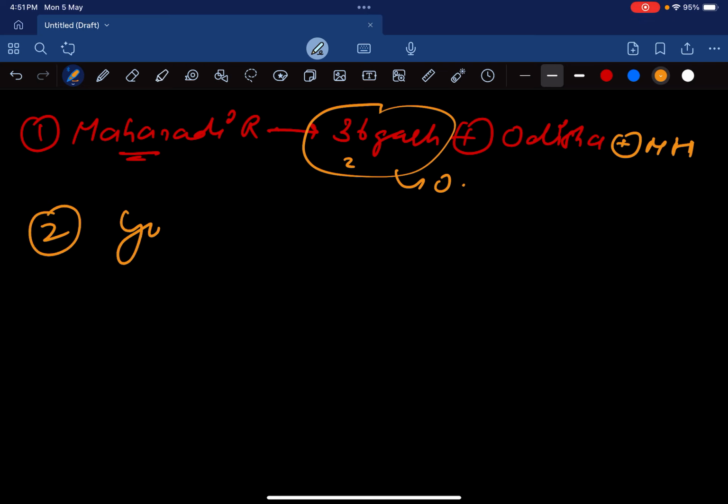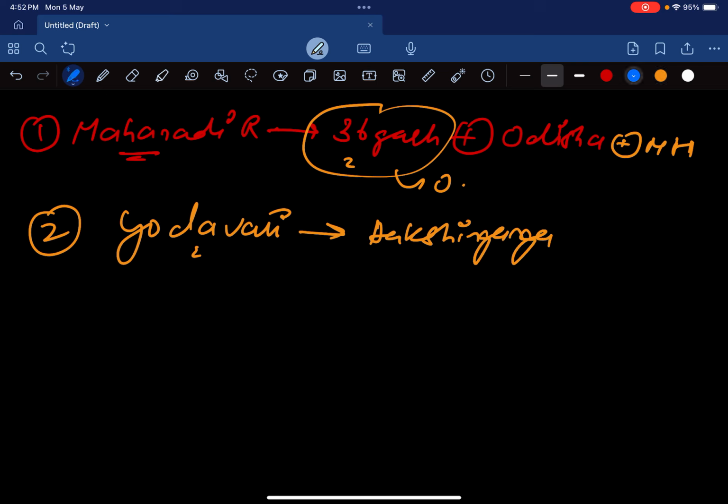The second is Godavari, which is also known as the Dakshin Ganga. It is the longest river of the peninsular India, right?